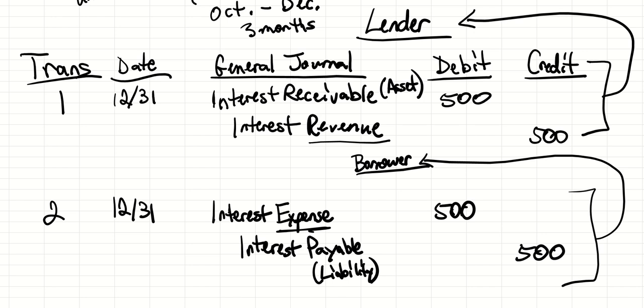Okay, same with expense, except it's the opposite. The expense is going to be recognized in the books when incurred, even though the cash payment has not been made yet. Okay, so this is a little short example of accrued revenue and accrued expenses.